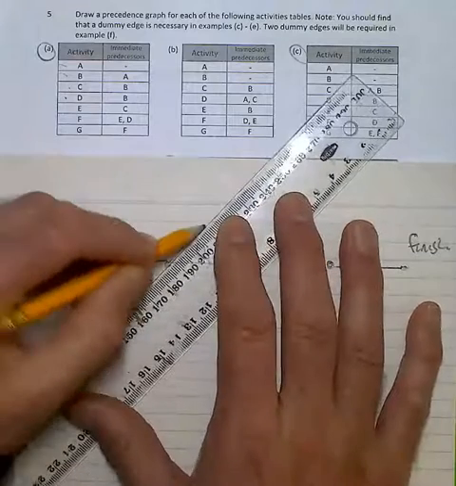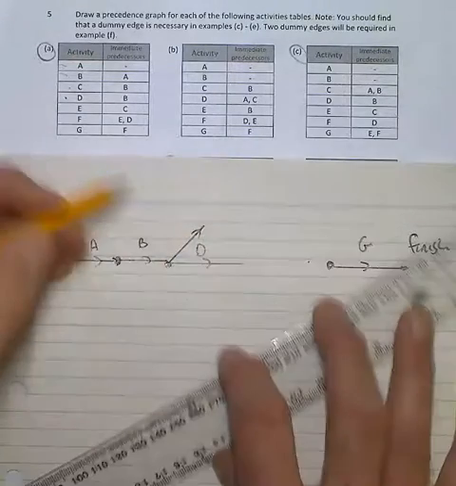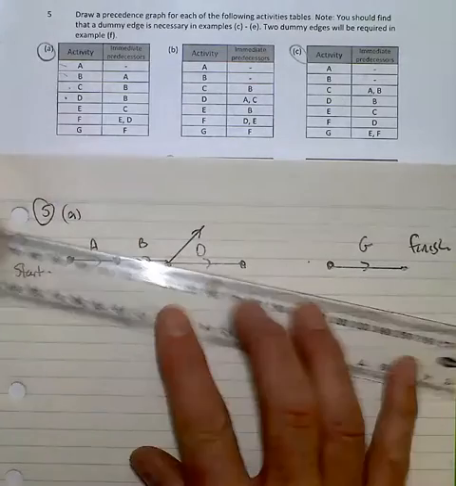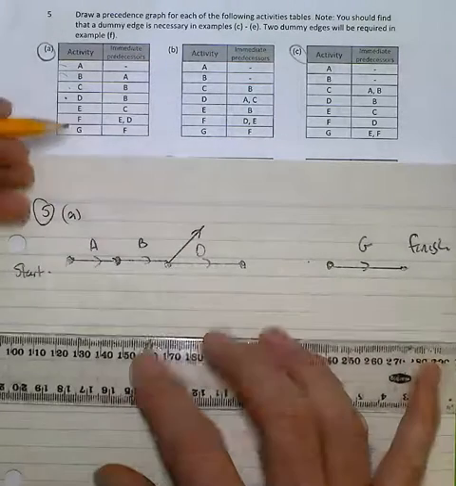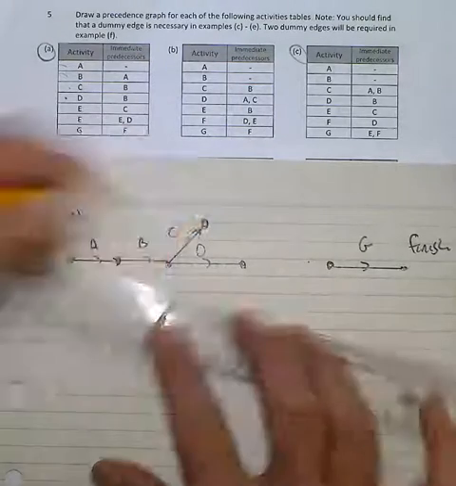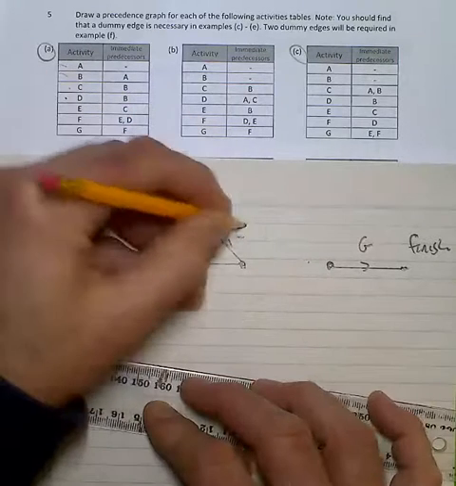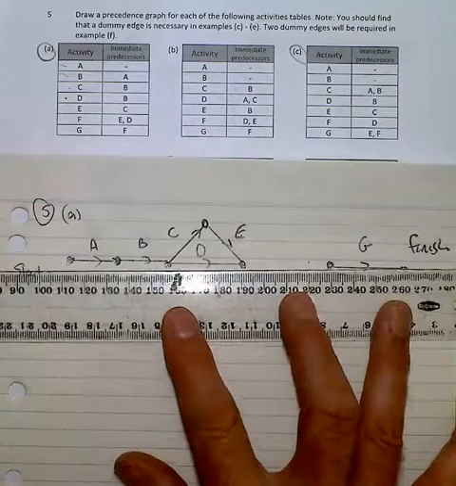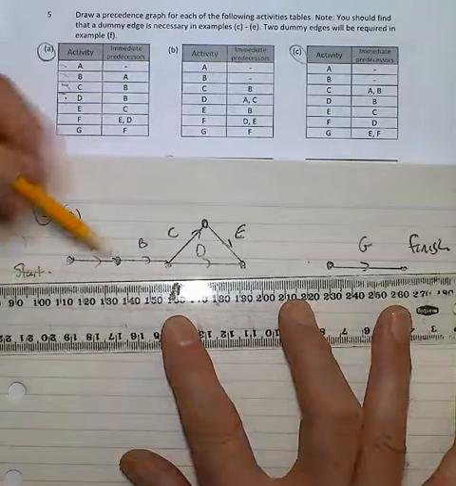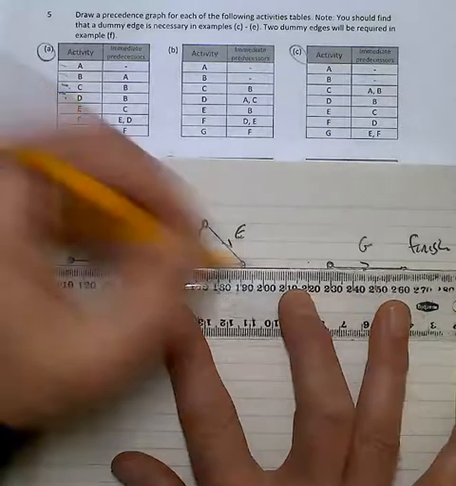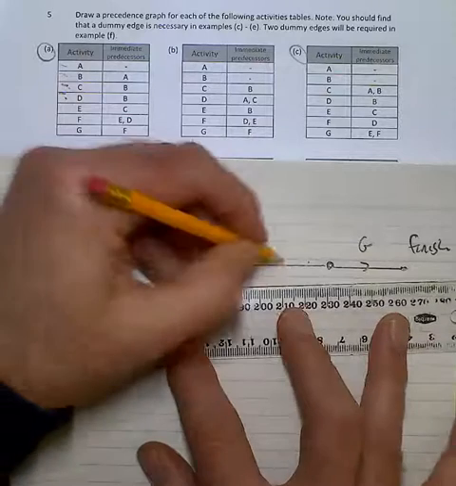Activity E requires C, and you'll notice that F requires E and D. Now, just to check, C requires B, E requires C, and F requires both E and D to be completed.